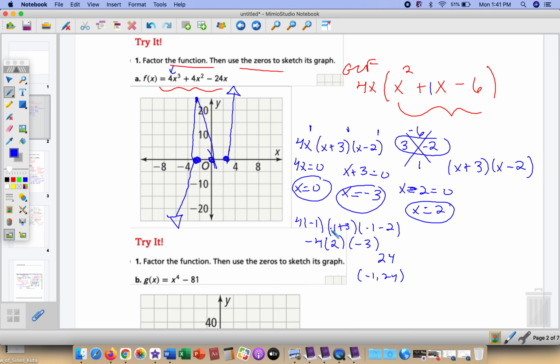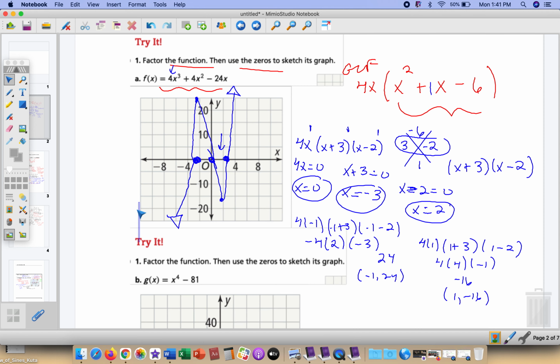And then we could plug in something in here. So we could plug in 1. If we plug in 1, we'd have 4 times 1 times 1 plus 3 times 1 minus 2. So we have 4 times 4 times negative 1, which is negative 16. So we would have 1 comma negative 16. So something like that. There's a rough sketch.